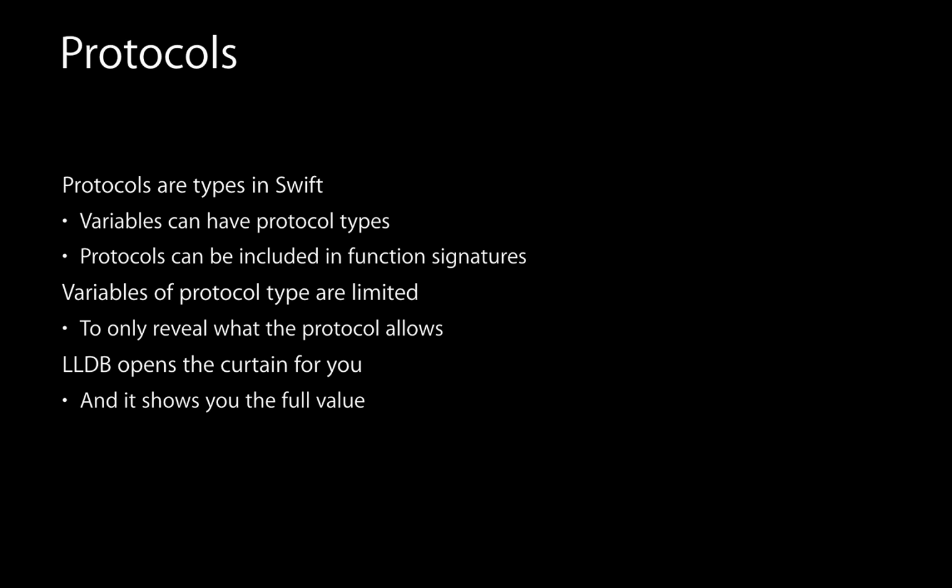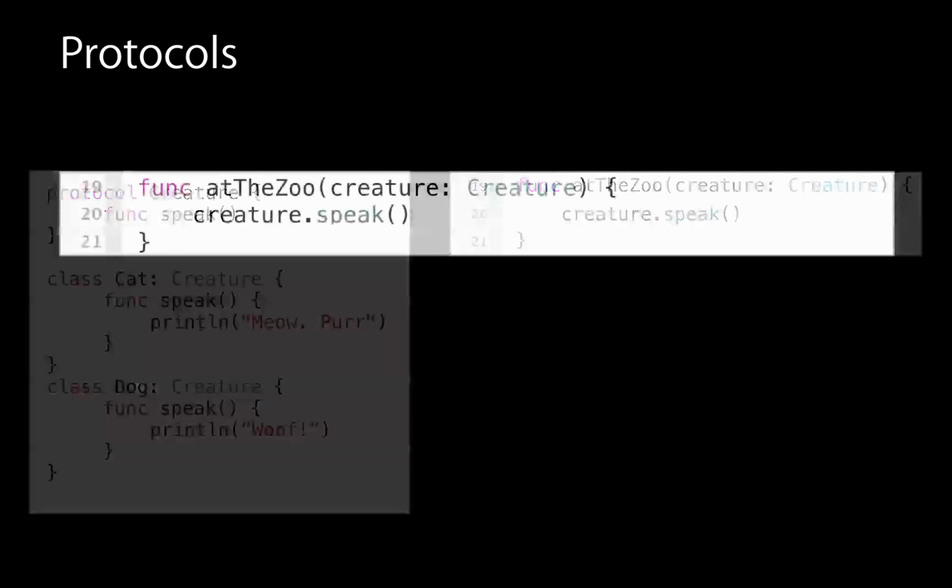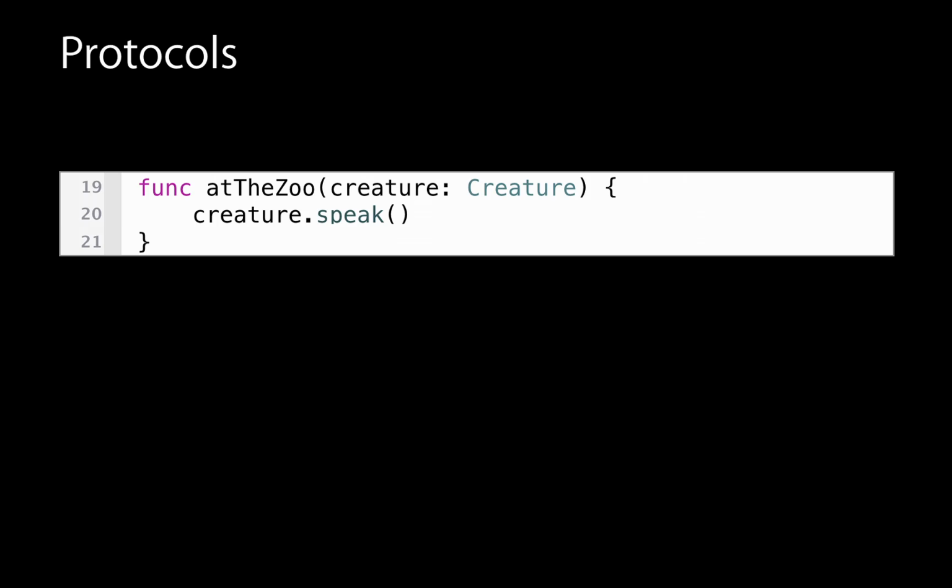Let's look at an example. Let's say I'm writing an app for a zoo system. And I'm prototyping things, so I have a bunch of creatures here. I have a cat and a dog. I don't have a dogcow yet, because it's a prototype, but I'll get there. I have a function that takes one of my creatures and asks it, could you please speak your verse for me? We can hit a breakpoint there.